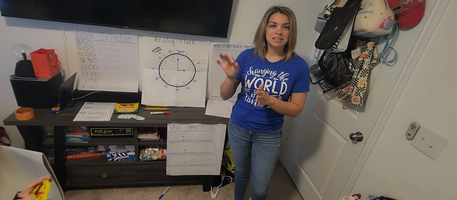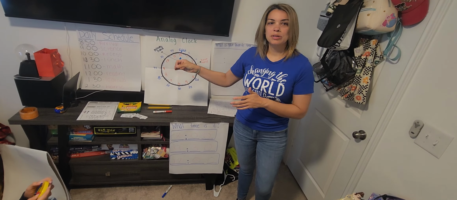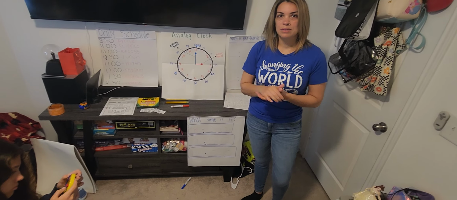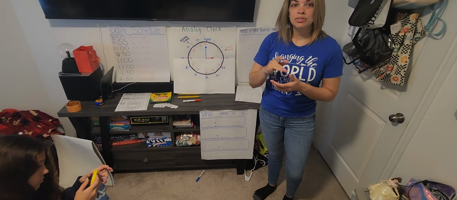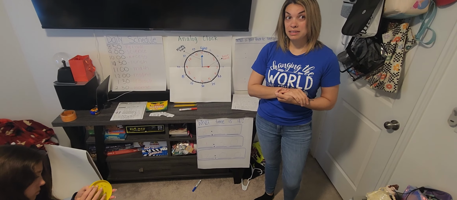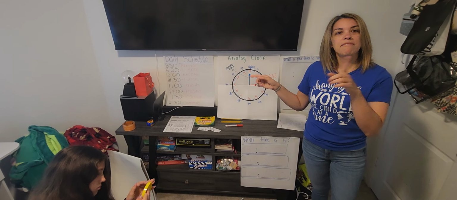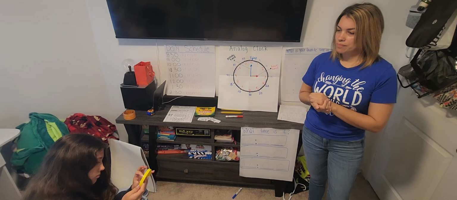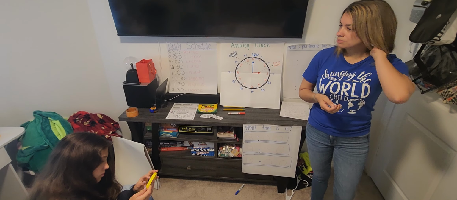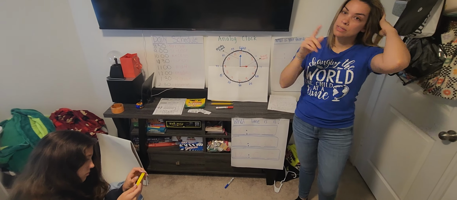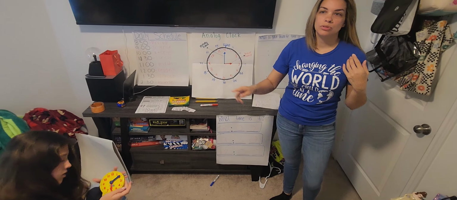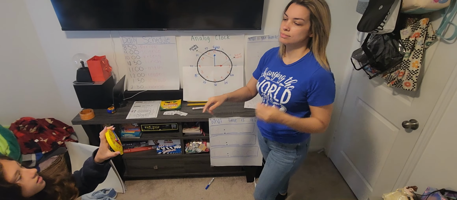Do you notice that the minute hand, the long hand, is the only hand that moves on the clock? Yeah. Could you move the hour hand without the minute hand? No. Nope, you cannot have hours if you don't have minutes. And as your minutes go around, it gets to a new hour.